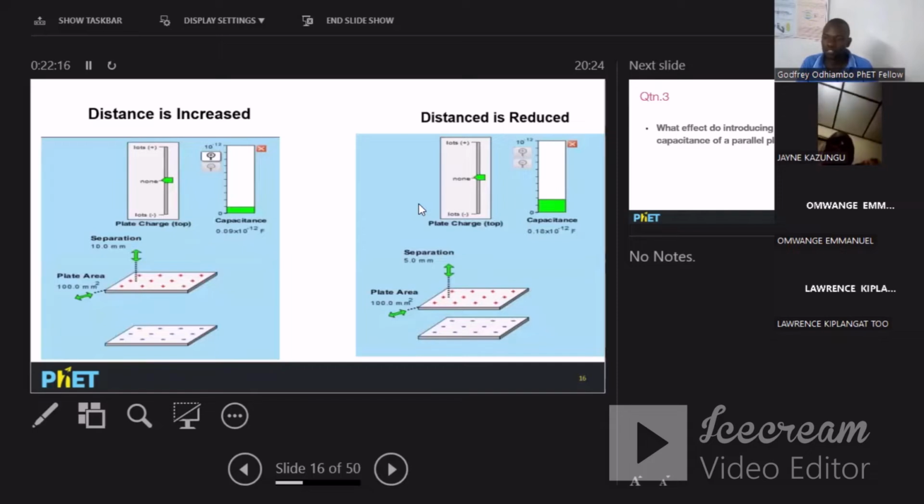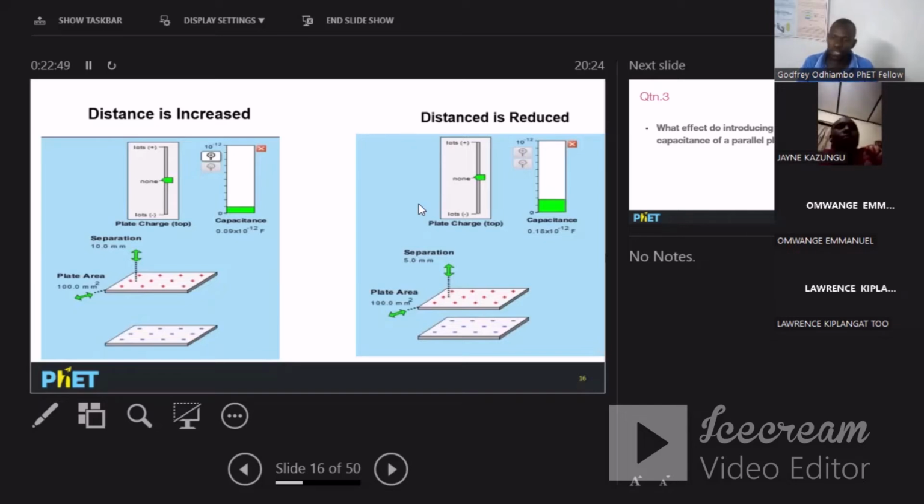In this environment, we are looking at the distance of separation. In the left part, the distance is increased, that is 10.0 millimeters. In the right part, the distance is reduced, and that is 5.0 millimeters. The students will be able to observe and check which one will make the capacitance increase and which one will make the capacitance reduce.